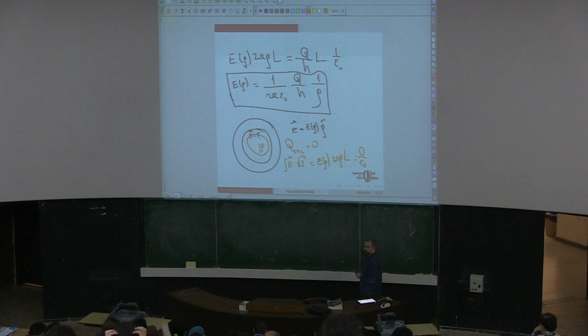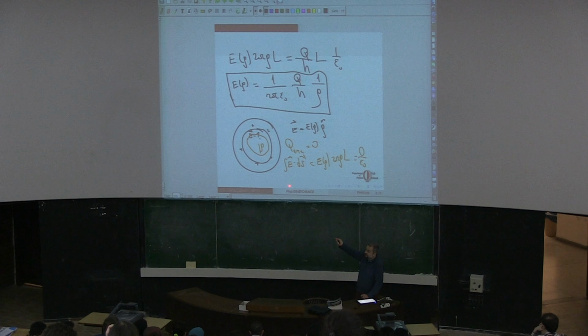Well, you see, what happens here is the charges on the inner cylinder are not on the inner surface. They are on the outer surface. So I have some charges on the outer surface of the inner cylinder, from which electric field lines go out.